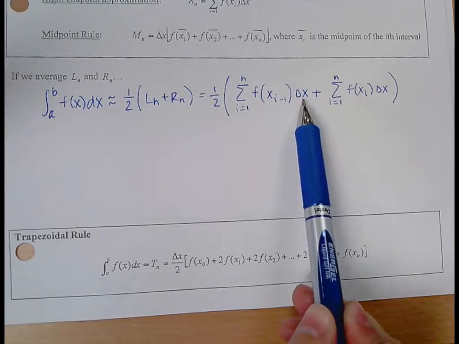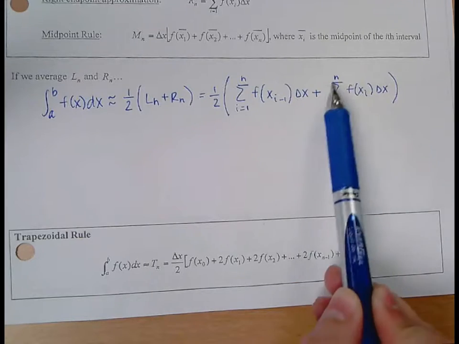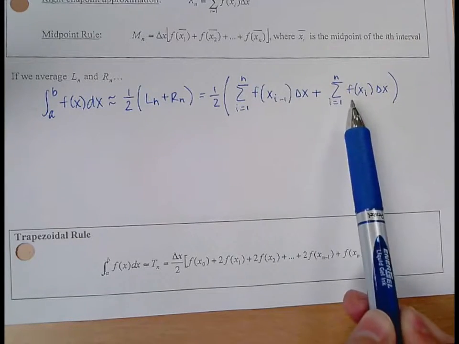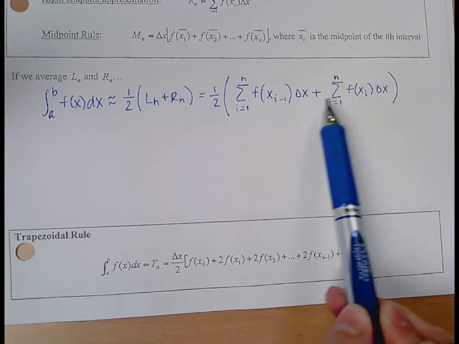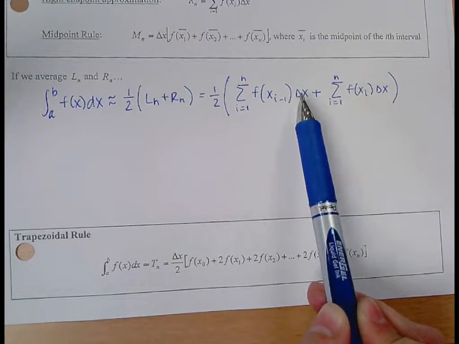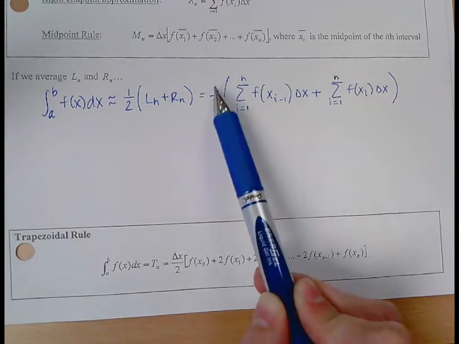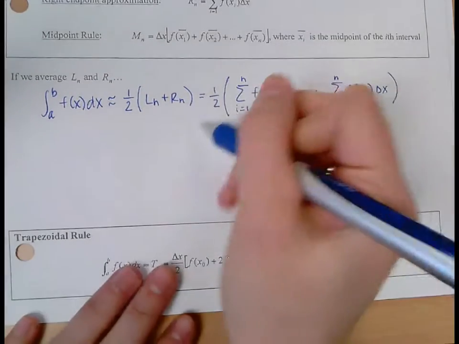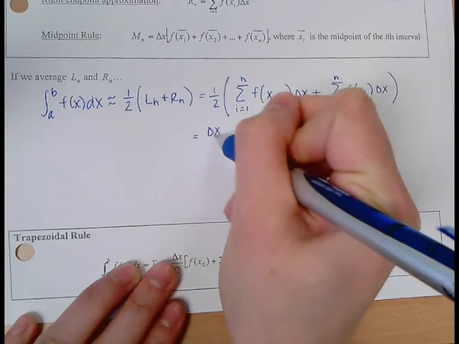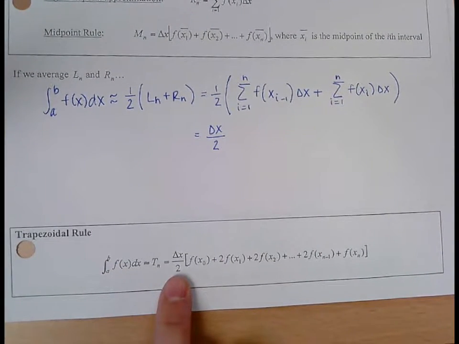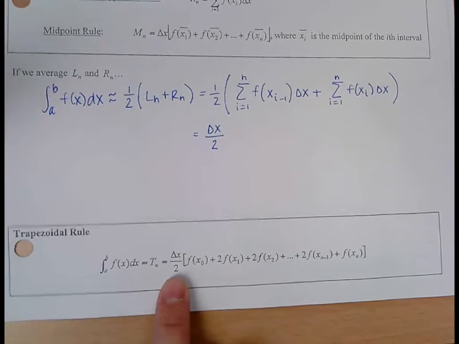Because both of these, or rather I'll say this, I can write this as one summation, not two. Because both of them have multiplying by delta x with them, I can actually write that in front. So in front, I will have delta x divided by 2. So you can kind of see down in the final formula where that's coming from.